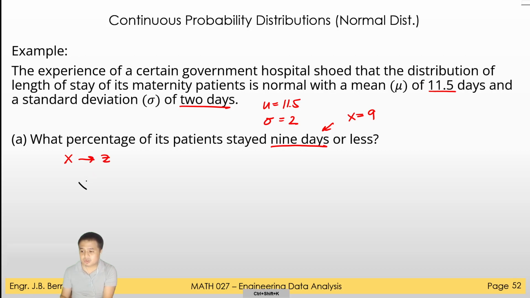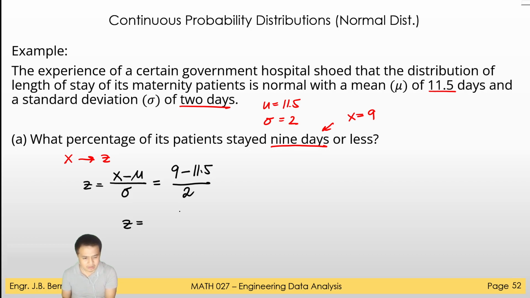We will use the formula z is equal to x minus mu over sigma. So x is 9 minus mu, 11.5, over sigma, which is 2. The z-score here is negative, as you can see, and the computation gives negative 1.25.